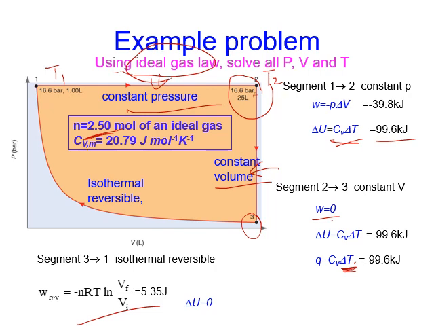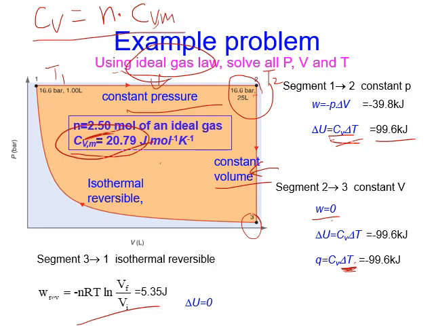Now, I want to explain the difference between CV and CVM. So here it says CVM is 20.79. CVM is the constant volume heat capacity per mole, while CV is the total constant volume heat capacity, so it's n times CVM.